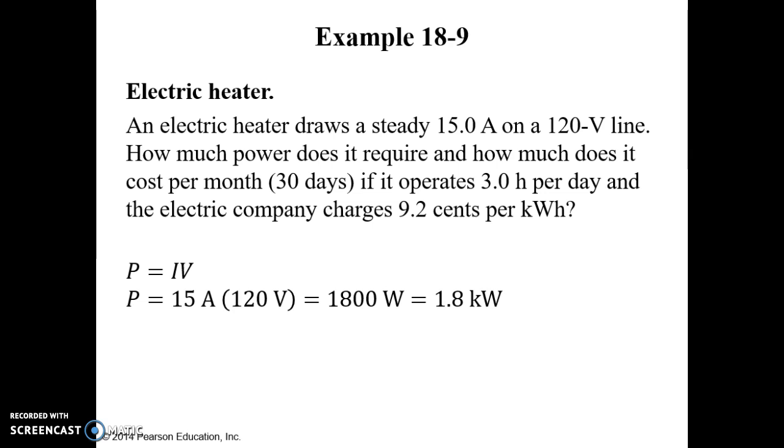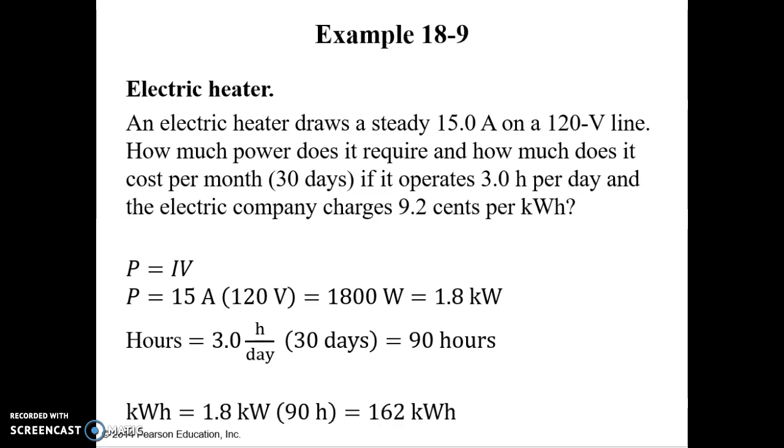The next step is to convert watts to kilowatts. Now we have to calculate how many hours the power was used for. So 3 hours per day for 30 days is a total of 90 hours. The last step is to multiply your kilowatts by the hours used to get 162 kilowatt hours.